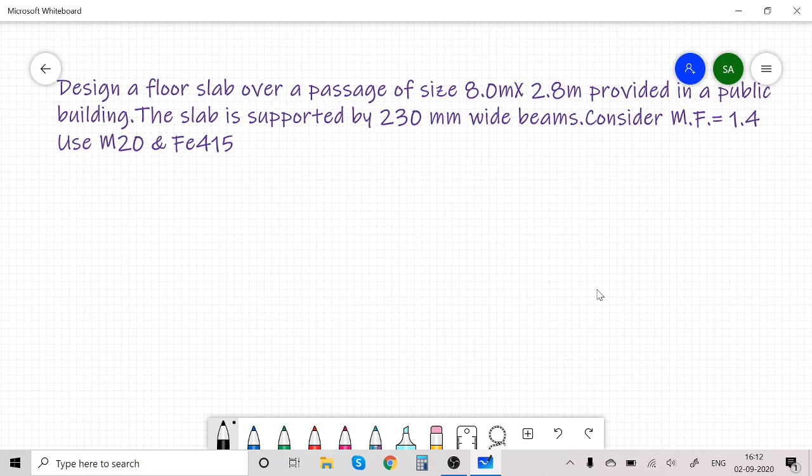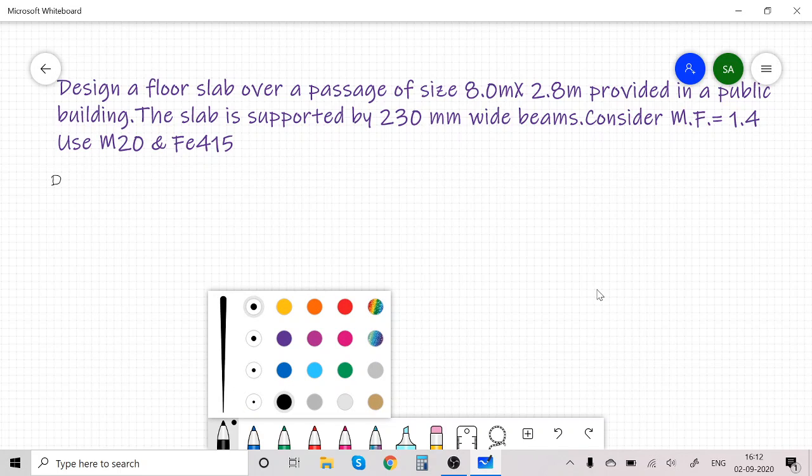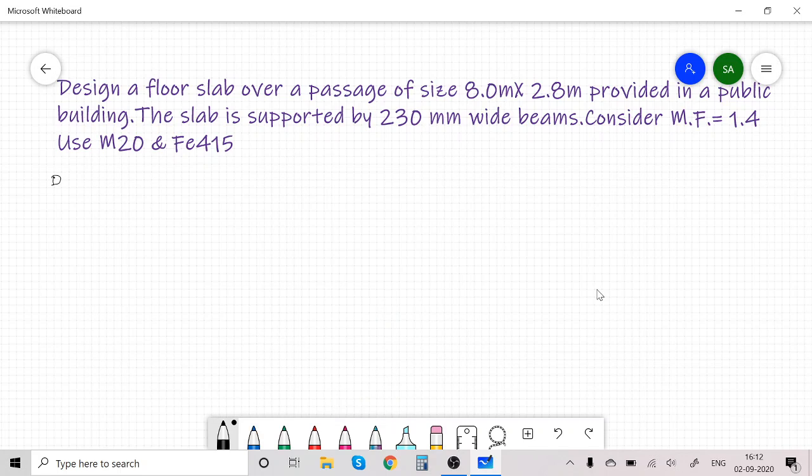So I will write the data. Design a floor slab over a passage of size 8 meter. So longer dimension Ly is 8 meter. Shorter dimension Lx is 2.8 meter, provided in a public building.